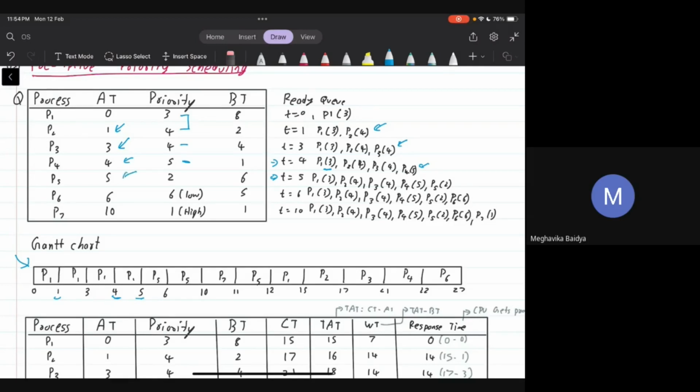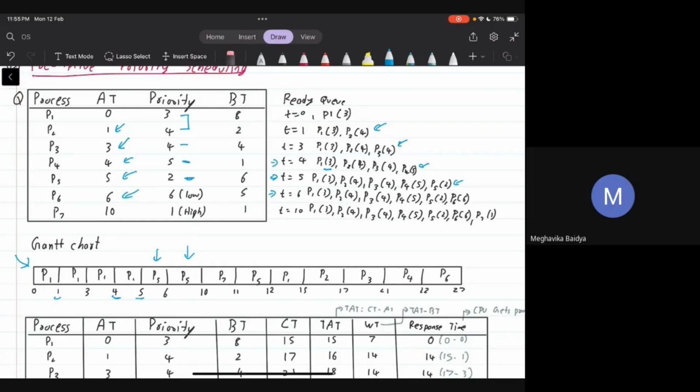At t equals to 5, you get P5 of priority 2. Since it has 2, P5 will run now. At t equals to 6, a new process comes, which is P6, and P6 has 6, which is the lowest priority. So it doesn't matter, you can continue running P5.